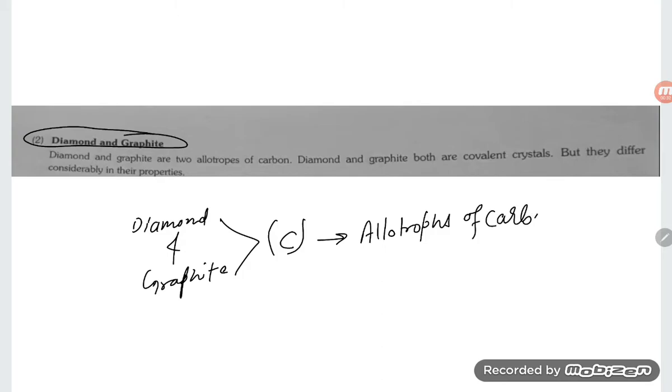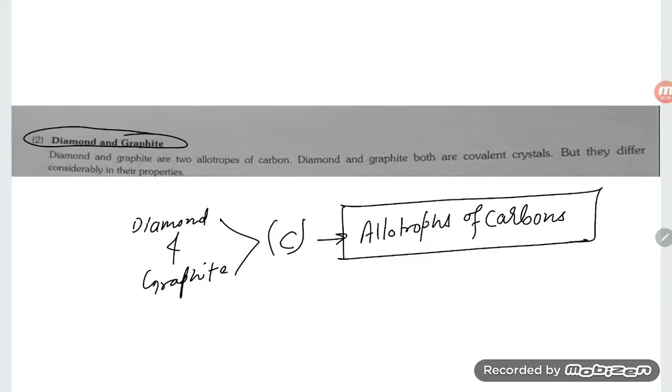What do you mean by allotropes of carbon, dear students? They are different forms of the same element.